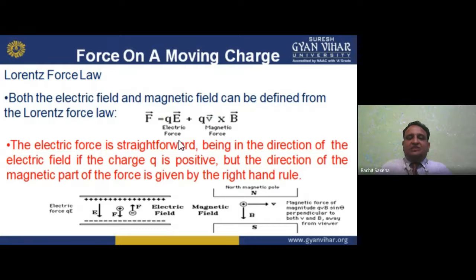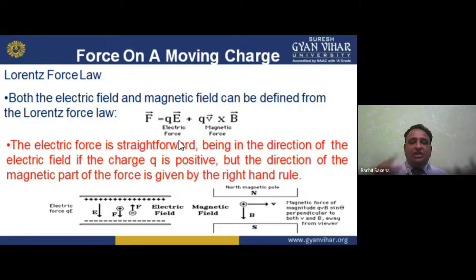With the addition of qv cross B, as I earlier told you. qv cross B is the magnetic force. So the force combines two things: one is the electrical force, another is the magnetic force. The electrical force is basically the EMF, and the magnetic force is the MMF, we can say.